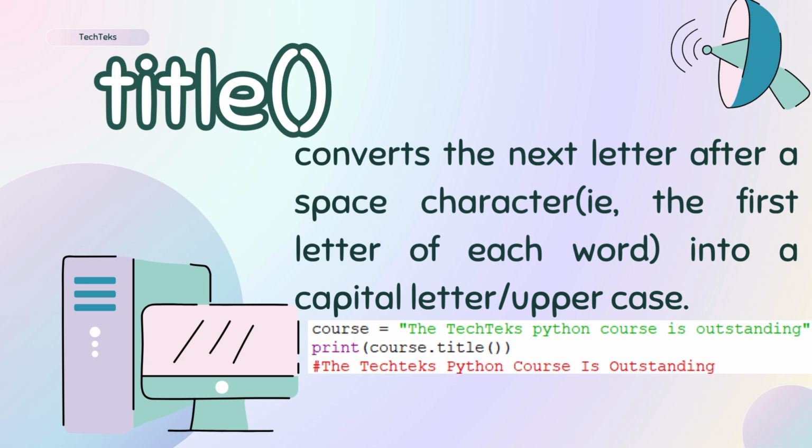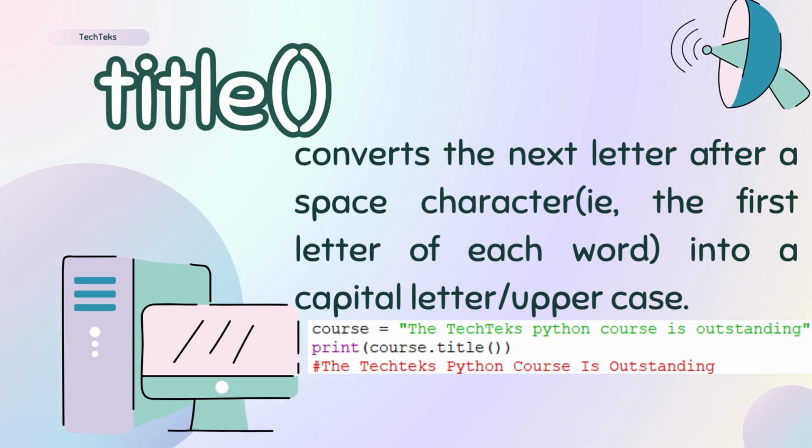Next up, we have the title method, and this converts the next letter after a space character, which in essence is the first letter of each word in a string, into a capital letter or uppercase. So we have "Techteks Python course is outstanding".